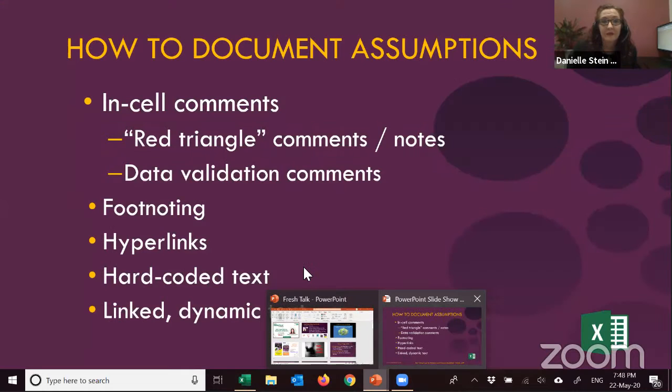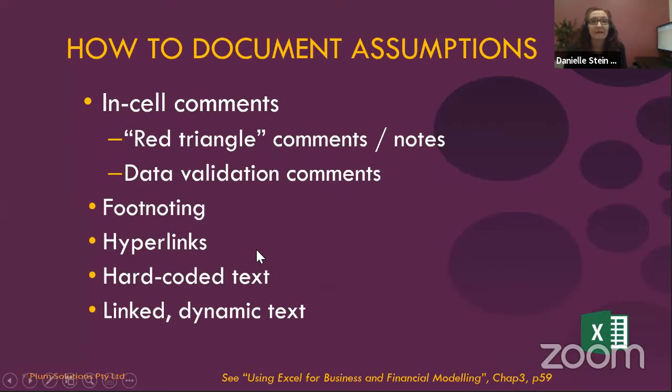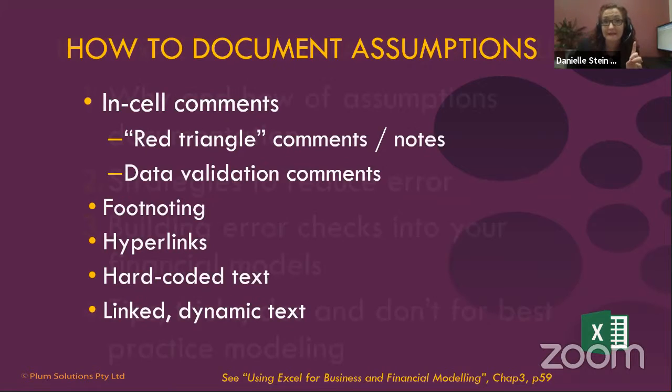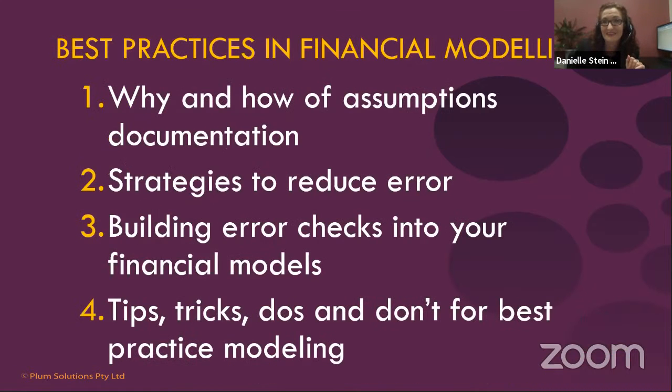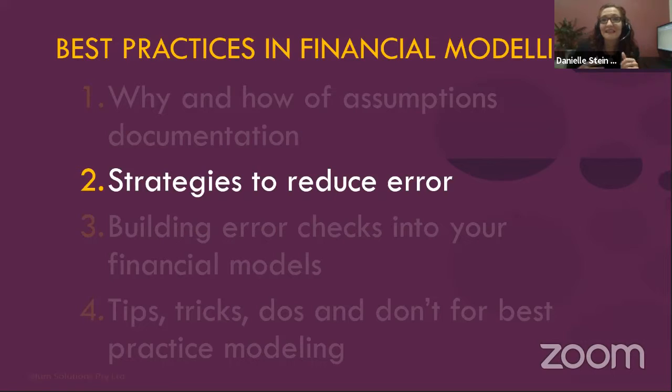So just jumping back, that is just a couple of techniques on how to document assumptions, because I think that's probably one of the fundamental points of financial modelling best practice, is to add documentation of assumptions, so we know why you should document assumptions, and that's how to document assumptions. So the next thing I'd like to talk about is some strategies for reducing error.